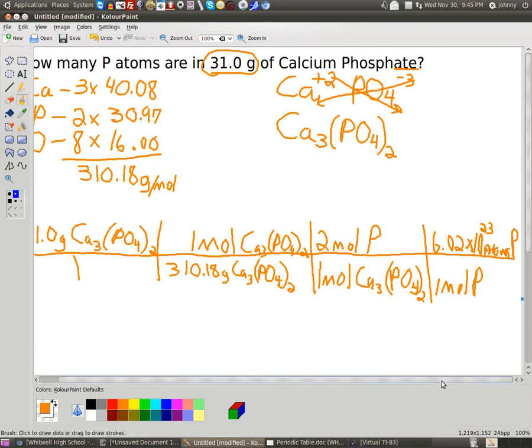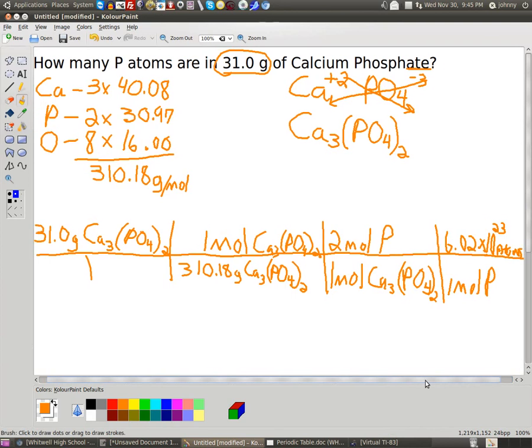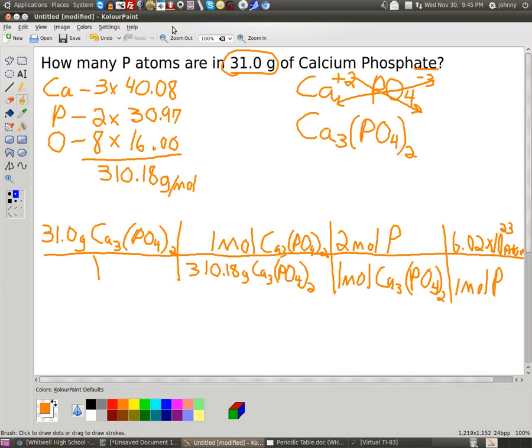Now I'm assuming that this is the question that the person wrote to me, because it just says how many phosphorus atoms. Now if they just wanted how many moles of phosphorus atoms, I could have stopped right here at the 2P, and that would have been 2 moles of phosphorus atoms. But in the question here, it just says how many phosphorus atoms are there.